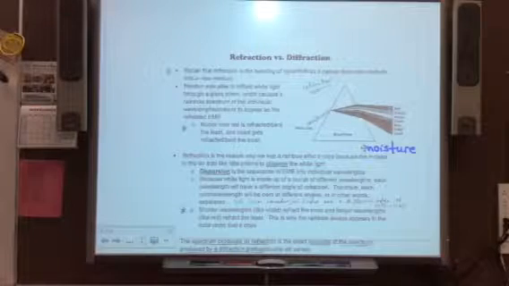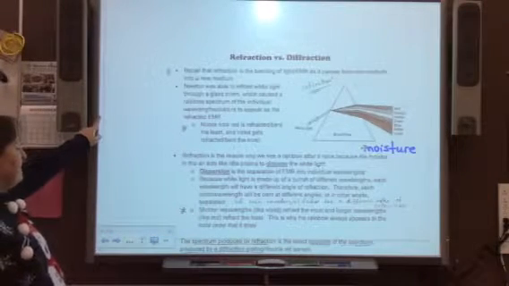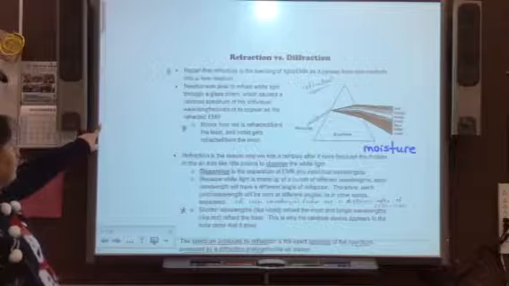White light, as we know, is made up of a bunch of different wavelengths, and so each one has a different angle of refraction. Okay? Shorter wavelengths, we already talked about this, bend the most, and longer wavelengths refract the least.